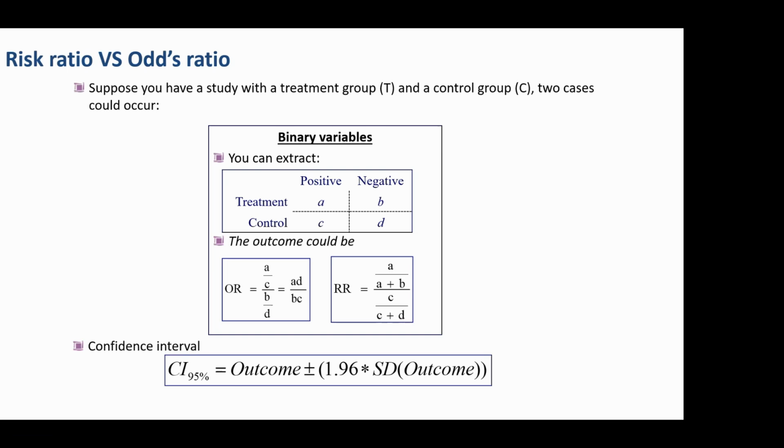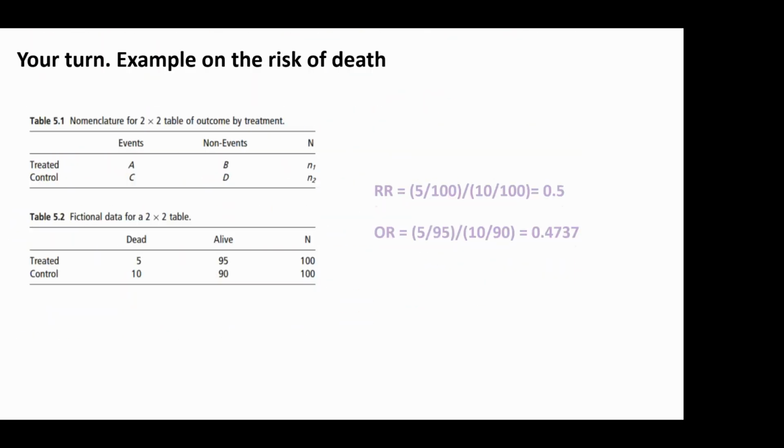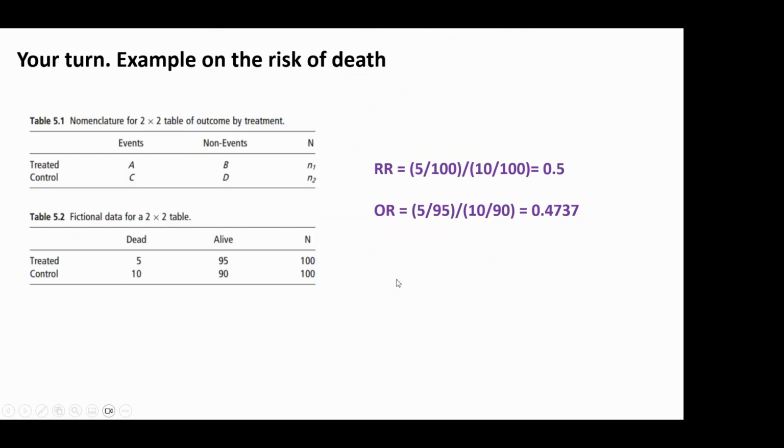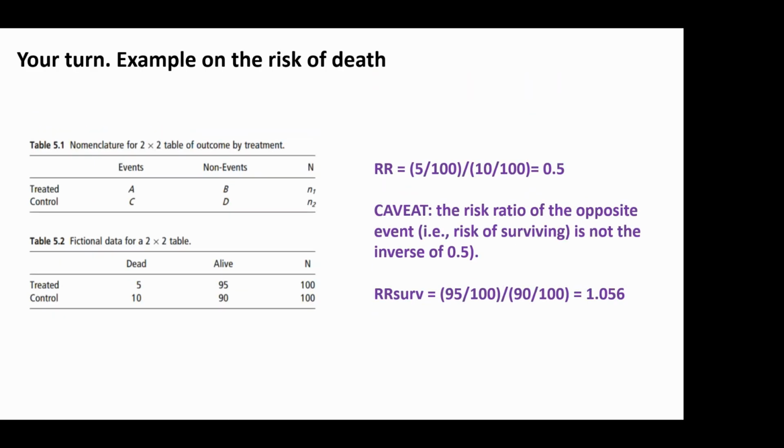How much is this? I think 0.5. For the odds ratio it is quite similar, but another number. Okay, this is the risk ratio for the risk of dying.